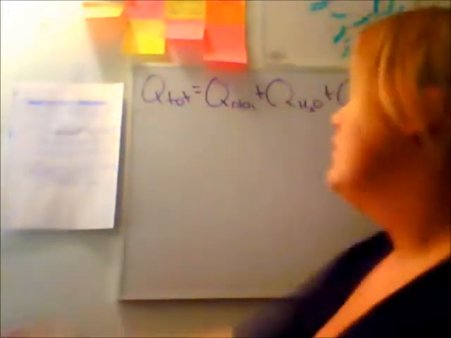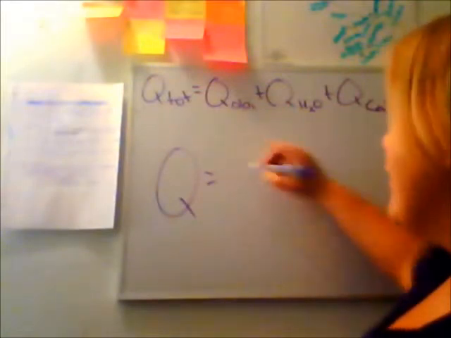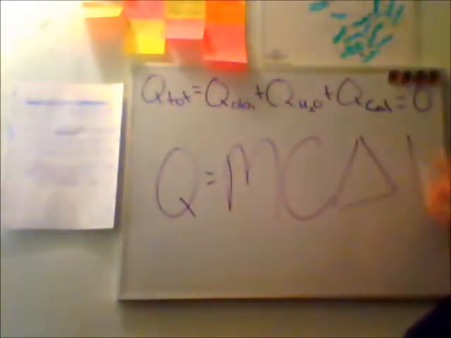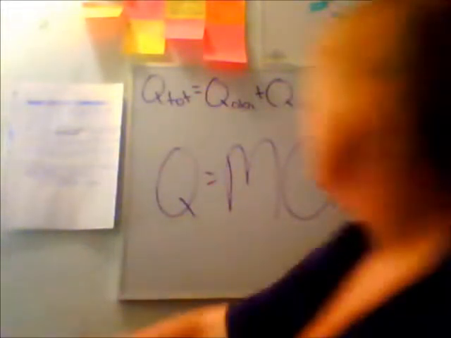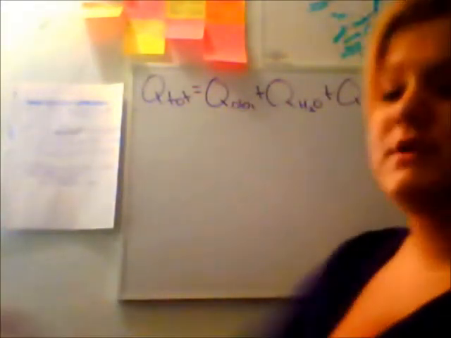And Q, as we got from the notes, if you ever got the notes, Q is mc delta T, where m is mass, c is specific heat, and delta T is, of course, change in temperature in degrees Celsius.